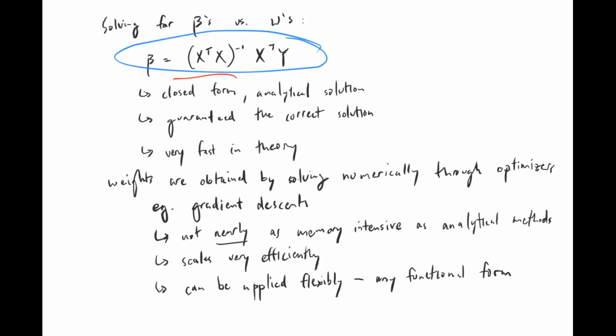The best way to think about it is that you're guessing and checking your betas, or in this case your weights, in a smart way, such that every time you guess and check, you're getting closer and closer to your final solution, because you have some kind of loss function giving you a better score every time.